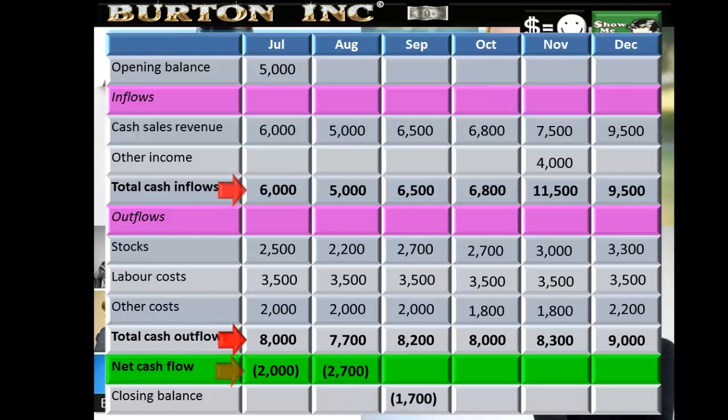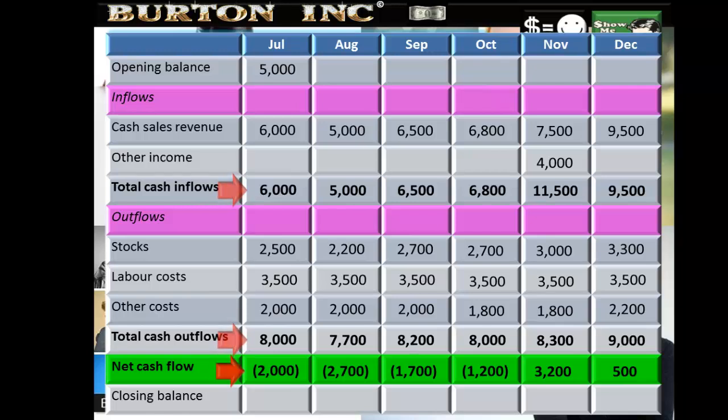August, 5,000 minus 7.7 will give us negative 2.7. September, it's still negative. We've got 6.5 coming in, 8.2 leaving. October, negative again, 6.8 total cash inflows, 8,000 in cash outflows. A negative cash flow for that month of 1,200.